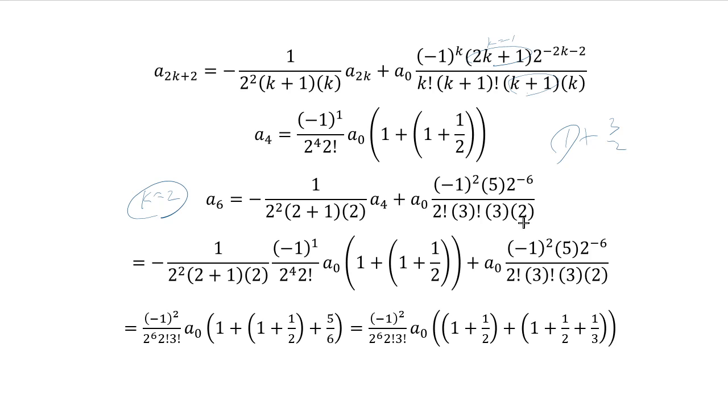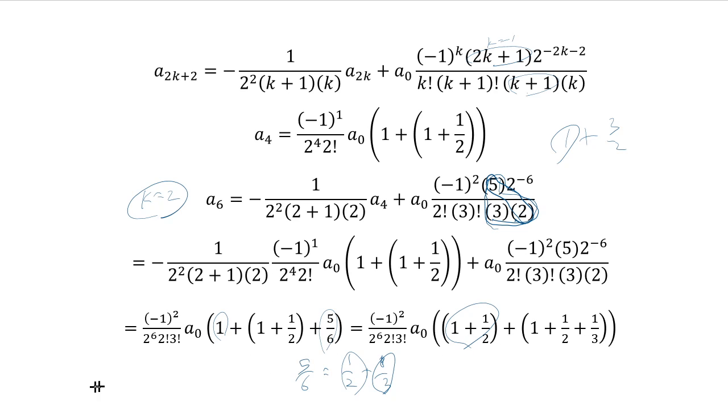And again, if you look at this, 5 over 2, that's what happens. Actually 5 over 6. Right, 3 times 2 is 5 over 6. Notice that 5 over 6 is 1/2 plus 1/3. So if you rewrite 5 over 6 as 1/2 plus 1/3, then you end up putting the 1/2 added to this first one and 1/3 added to the second one.